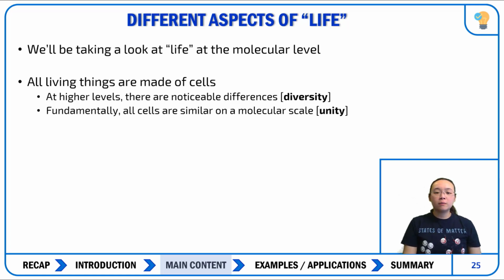Because of this, we call the molecular scale a level of unity in life. The more you zoom in, the more unified everything becomes, because everything's made up of the same building blocks. But the higher up you go, the more diversity you get, because every step that you go up, the more configurations you can have, and therefore the more functions you can have, and the more differences.